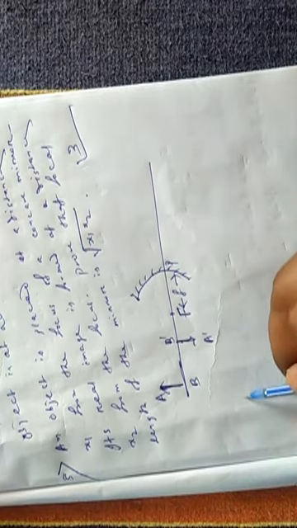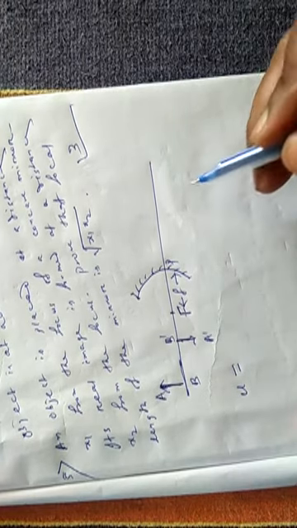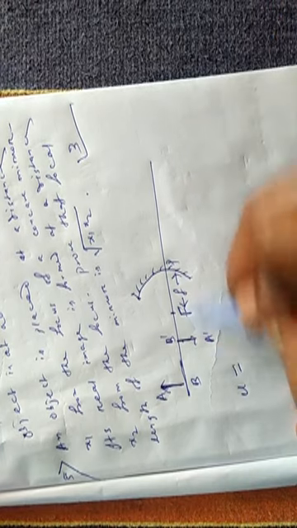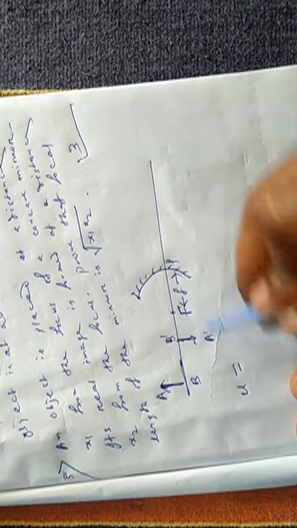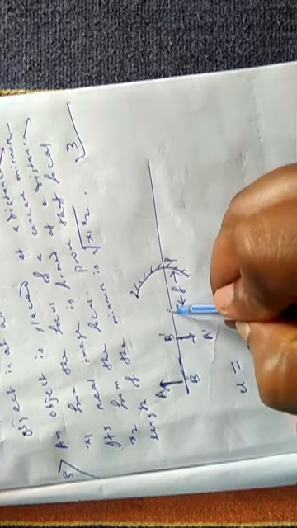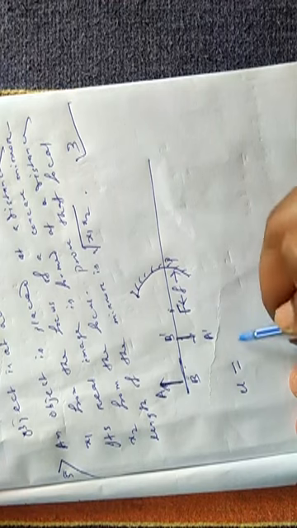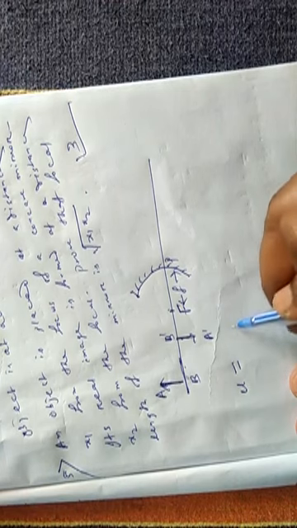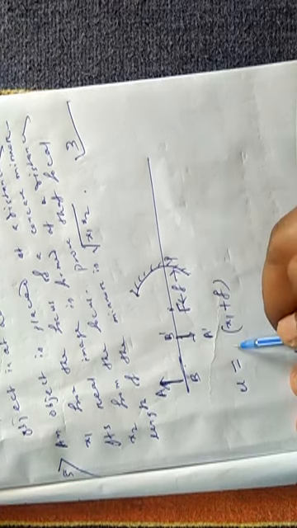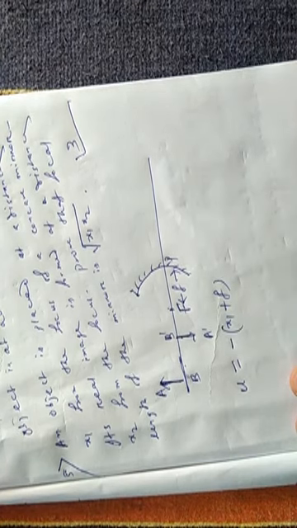So what is object distance? The object is placed at a distance x1 from the focus. This is BF. BF is equal to x1. So what is object distance? U is equal to x1 plus f. And you know object distance is negative, so it is minus x1 plus f.